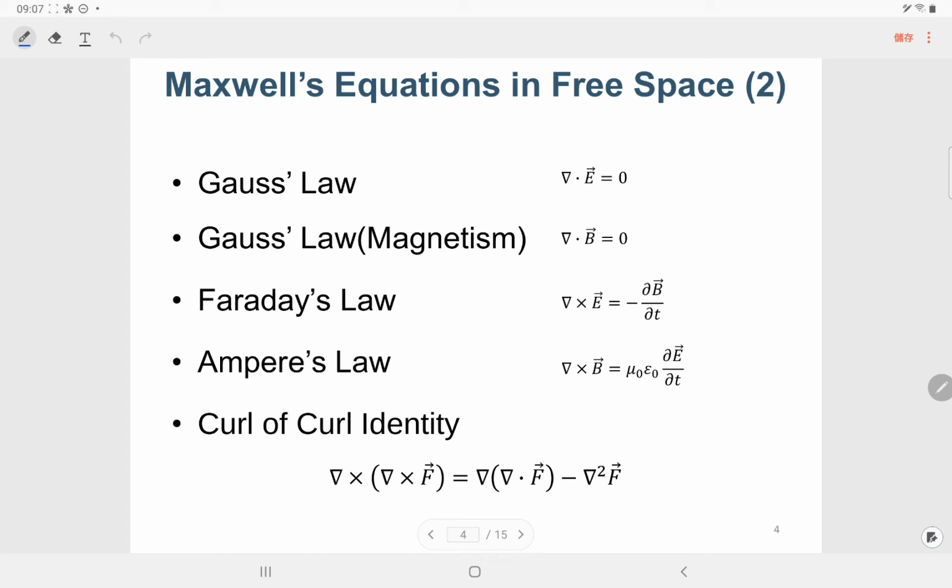So after making the free space assumption, the Gauss law will look like this, and the Ampere's law will be simply like this.